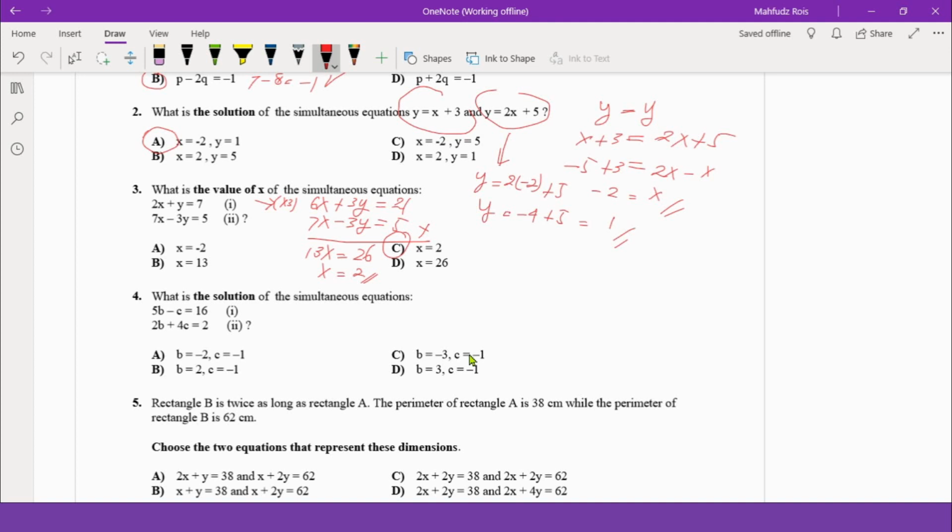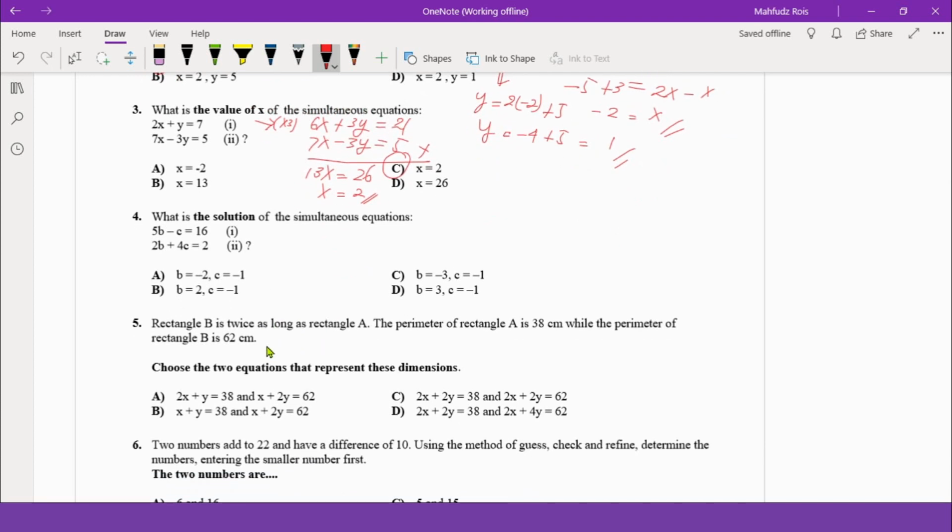Now number 4, what is the solution of the simultaneous equation? This one also the same. Okay, we need to find the value of b and c. So this one we can solve by elimination, of course. If we want to eliminate c, it means we need to multiply the first by 4, right?